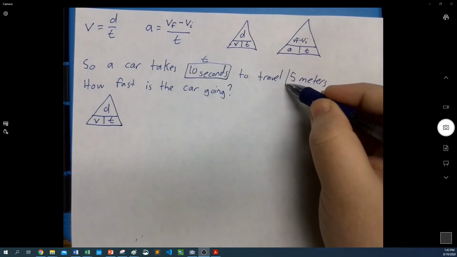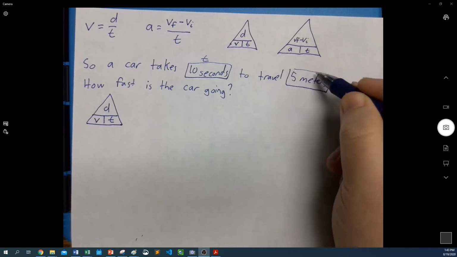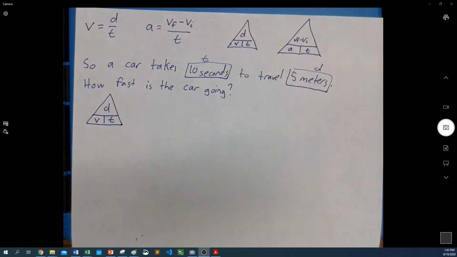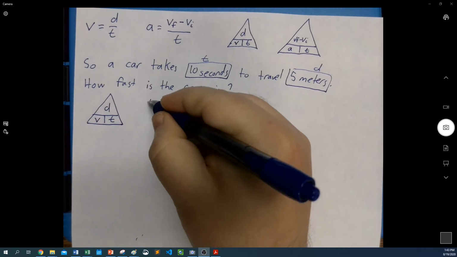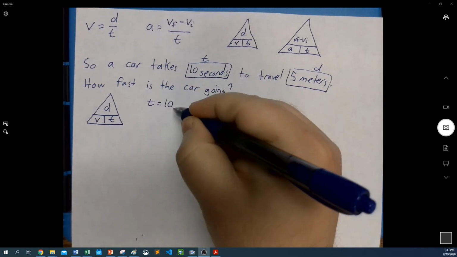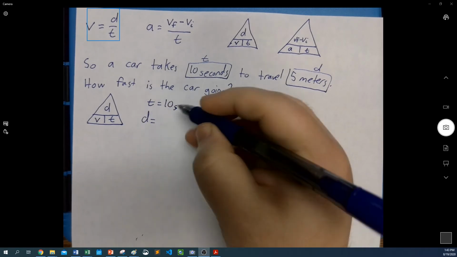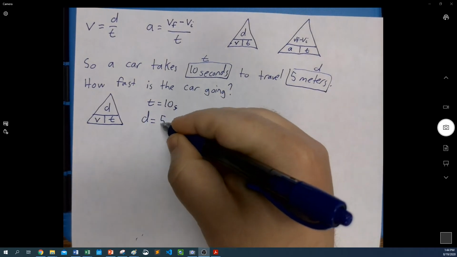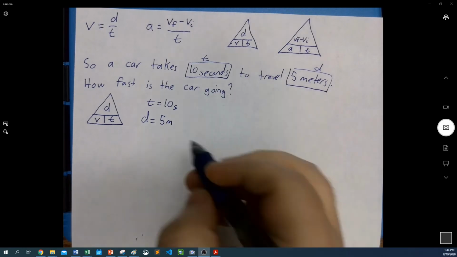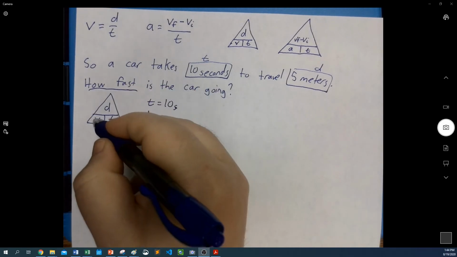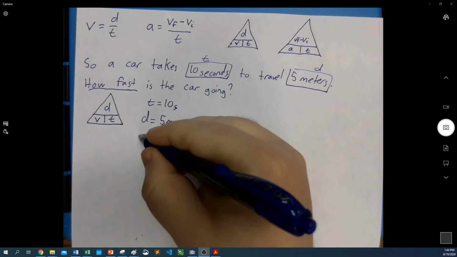Our distance is 5 meters. How fast is referring to the speed. So we're trying to solve for speed.